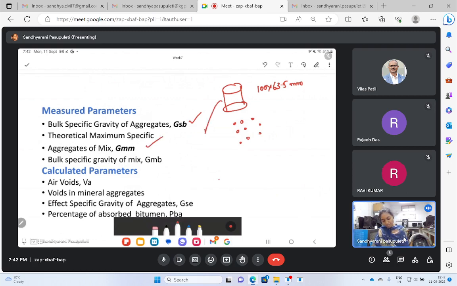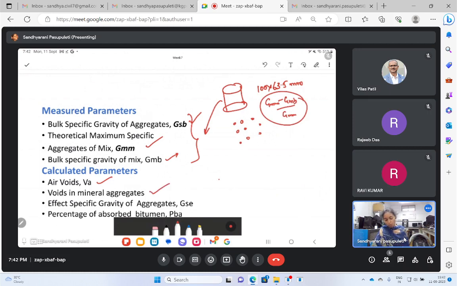And for the compacted mixture also, we will calculate the specific gravity, which is called bulk specific gravity. Using these values, we can calculate the amount of air voids, which is GMM minus GMB by GMM. How to calculate all these air voids, we will discuss in the upcoming lectures.